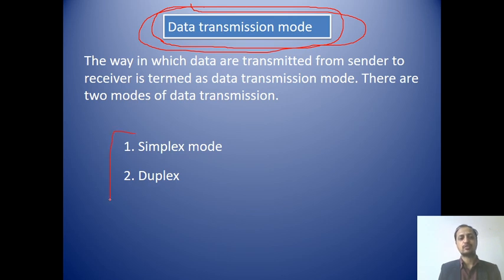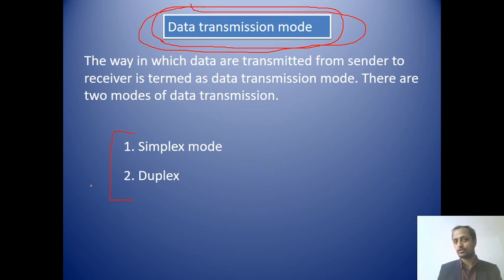The way in which the data is transmitted from sender to receiver is called data transmission mode. Two types of data transmission modes are simplex mode and duplex mode.